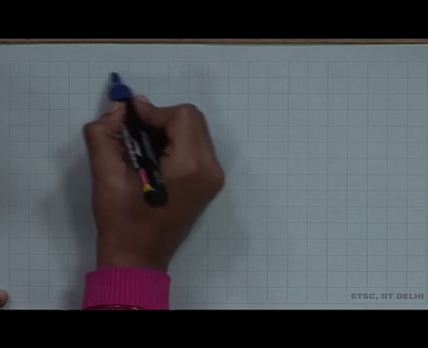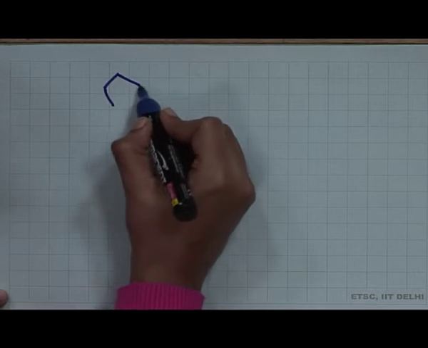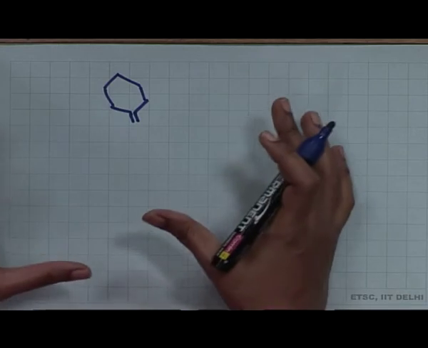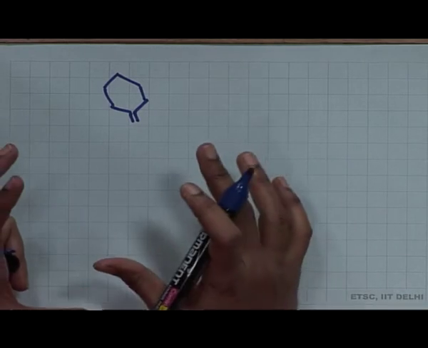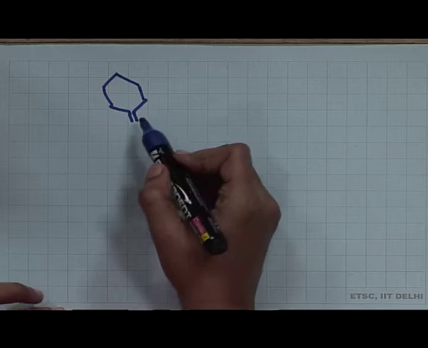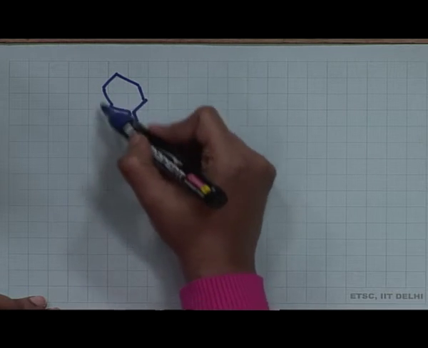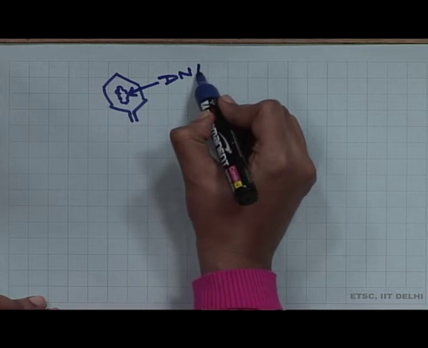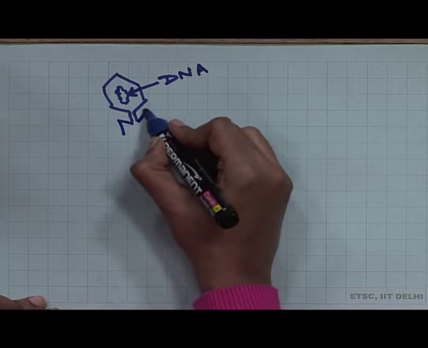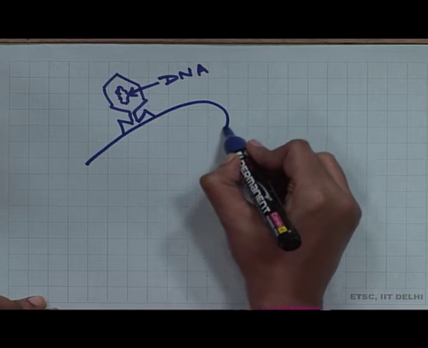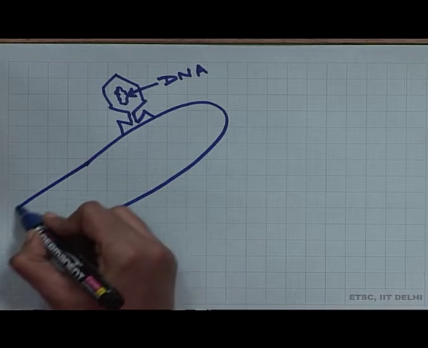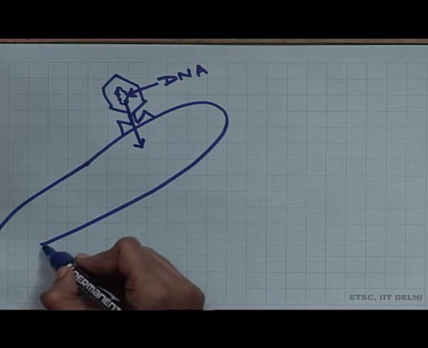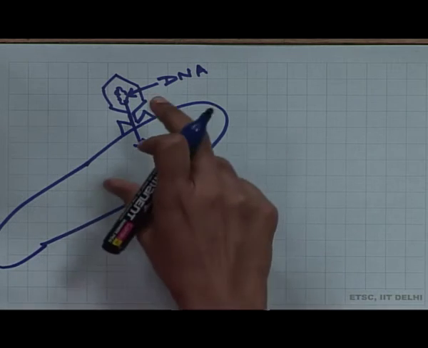Now, this is a very simplified look at a virus. So suppose this is a virus. In this case, what I am trying to depict is more of a bacteriophage, a virus that infects a bacteria. Within this virus is the genetic material, which in this case is a DNA. And when this phage infects a bacterium, it injects this genetic material into the bacteria.